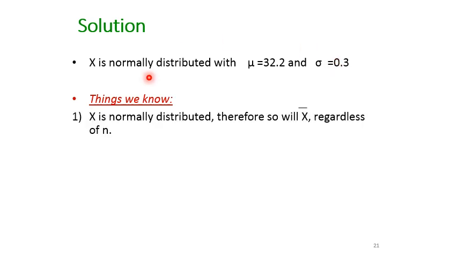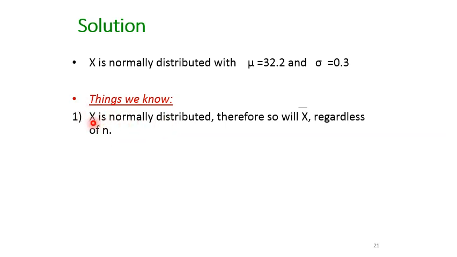So this means that x bar will be normal regardless of the sample size, because in this case the sample size is small, it's 4. But we said that if the sample size is small, x bar will always be normal as long as the original population is also normal.